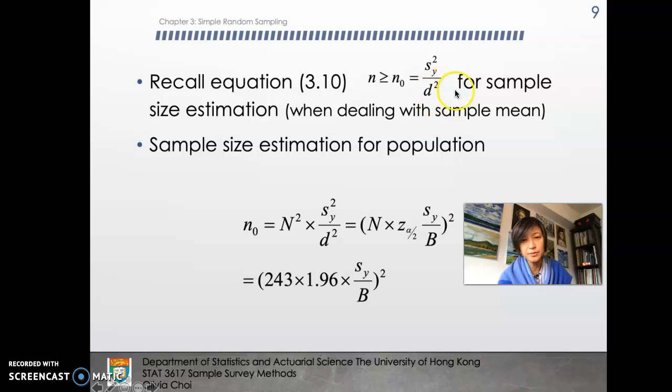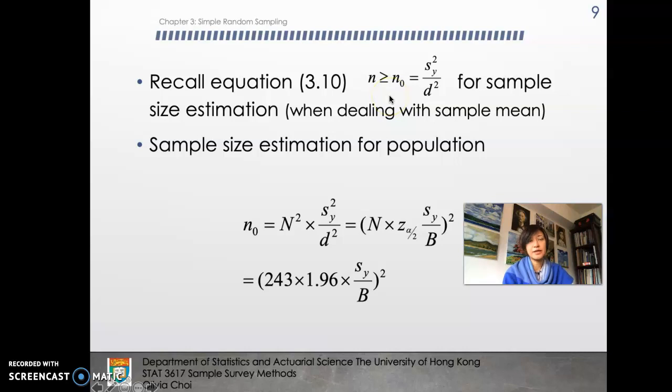Make sure you don't confuse D and B. D is the bound of standard error. B is the bound of error. So D is equal to B over Z. We need to divide that by the critical value. All right, so we have these when we are dealing with the sample mean.